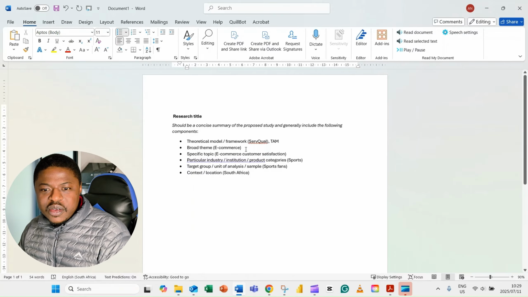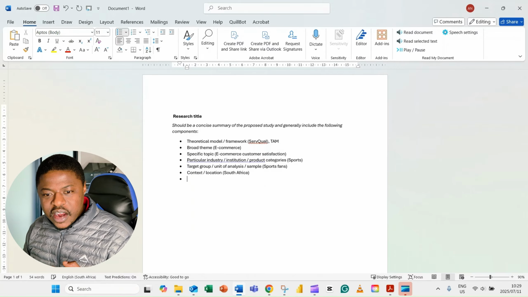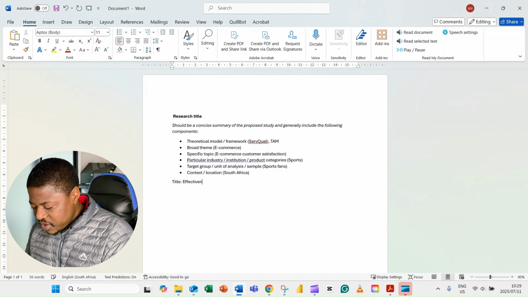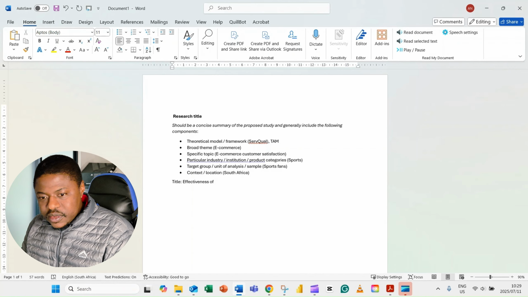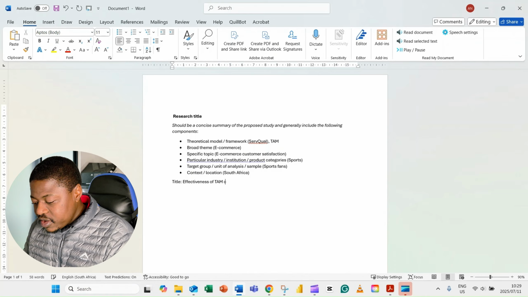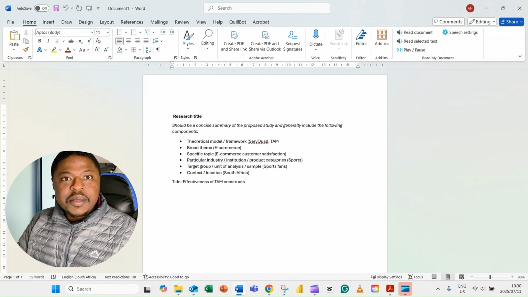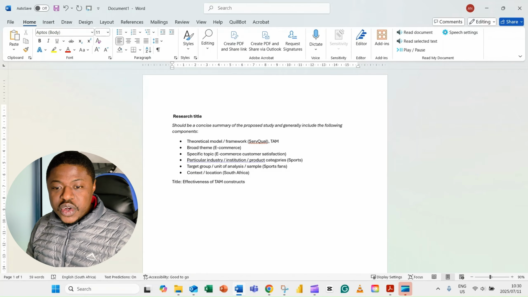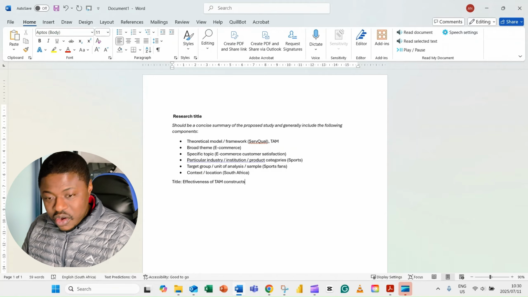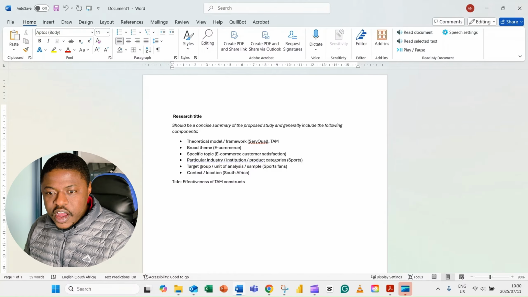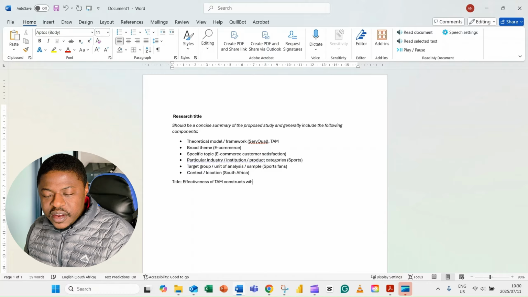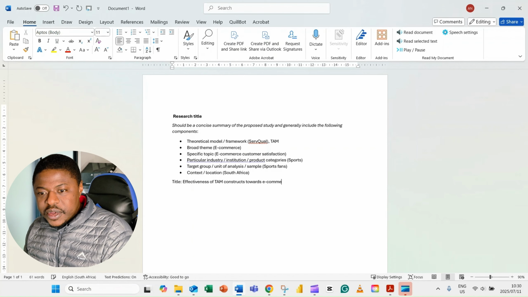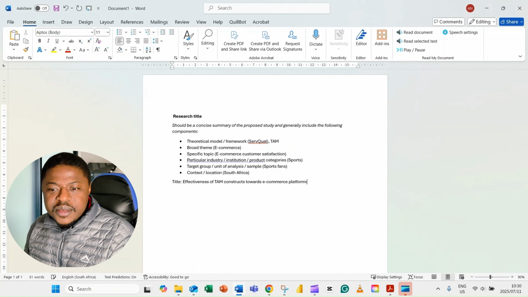So now we can say our title is going to be: we want to look at the effectiveness of TAM constructs, or technology acceptance model constructs, which are perceived ease of use as well as perceived usefulness, or you could say factors or constructs, towards e-commerce platforms.